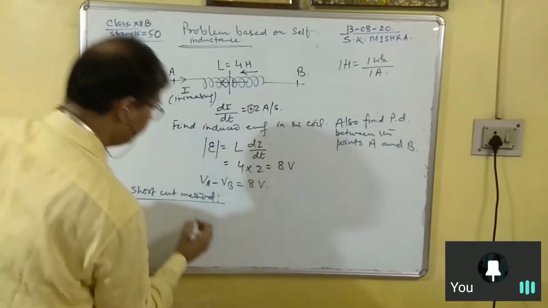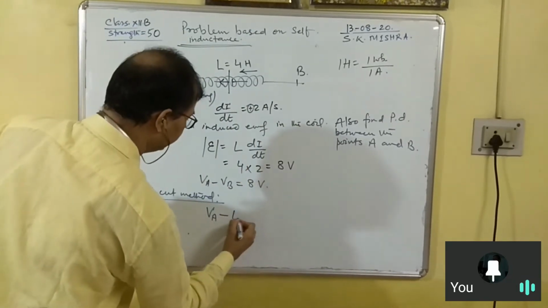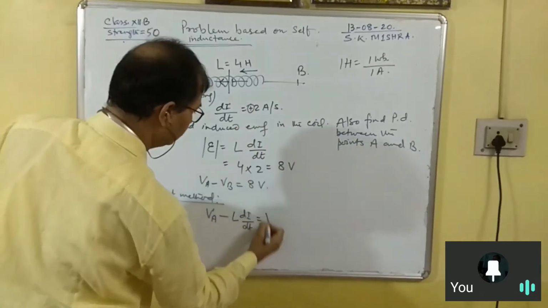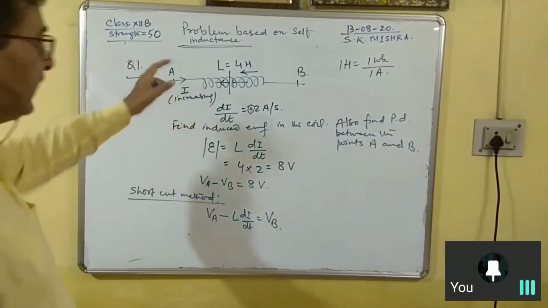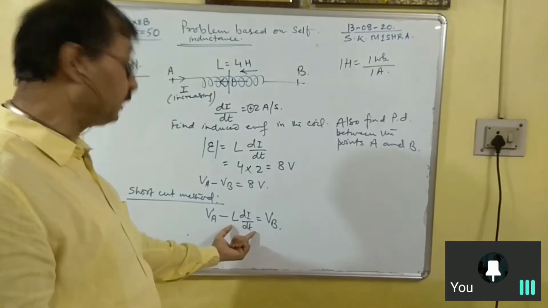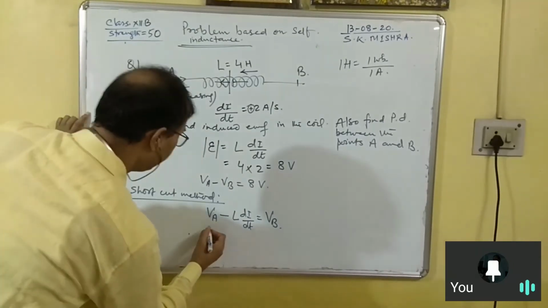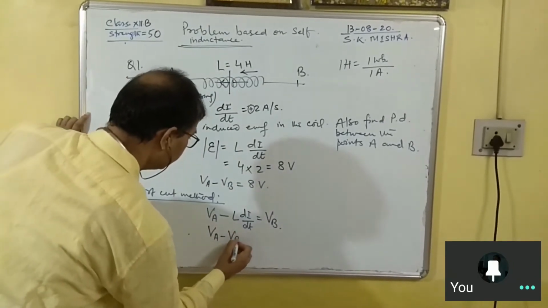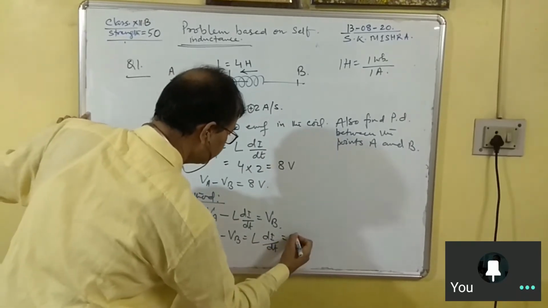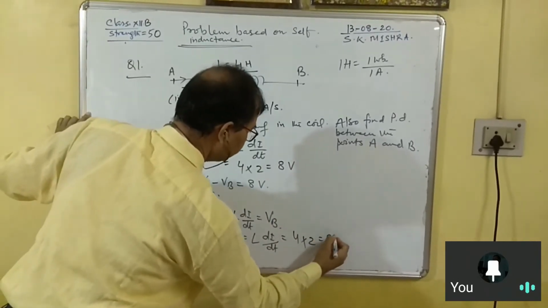VA minus the induced EMF across the inductor, L di by dt, is equal to the potential of point B. Then VA minus VB is L di by dt, and L is 4, di by dt is 2, so 8 volt.